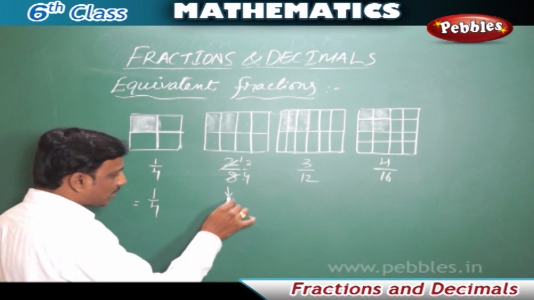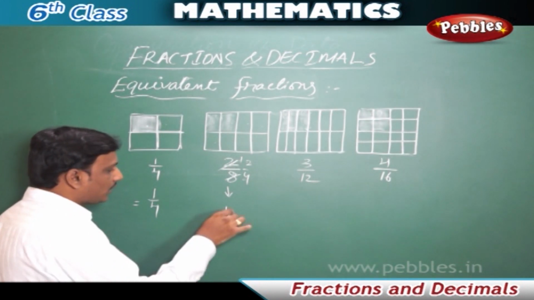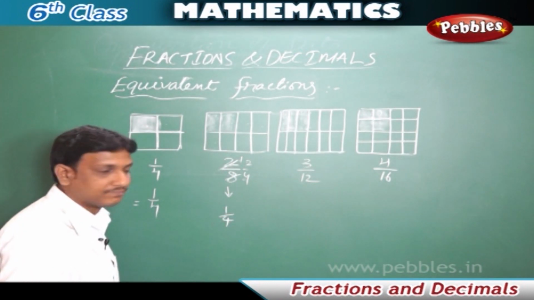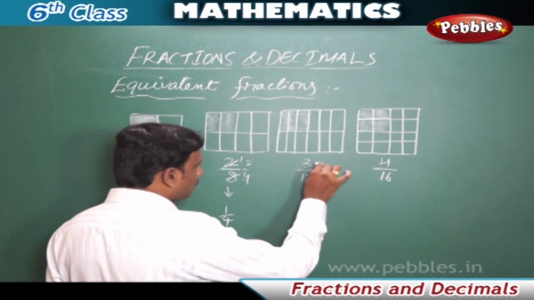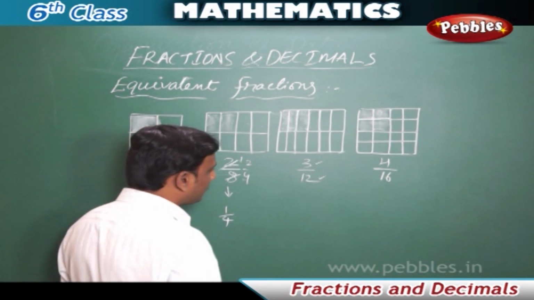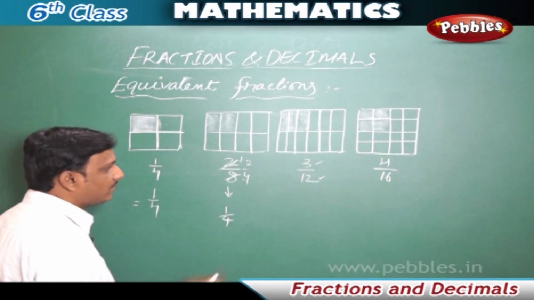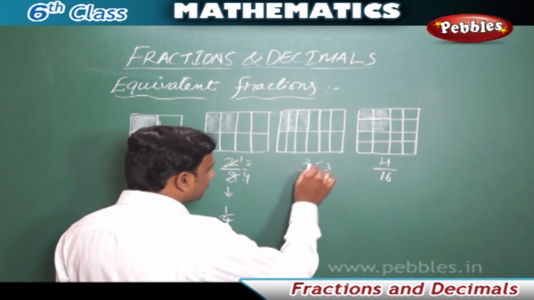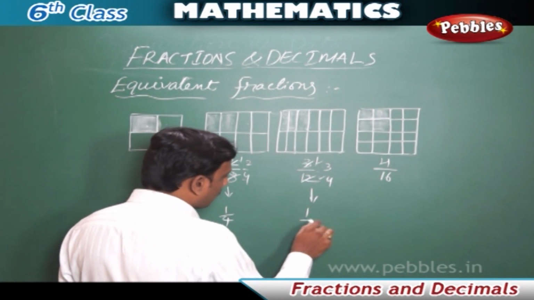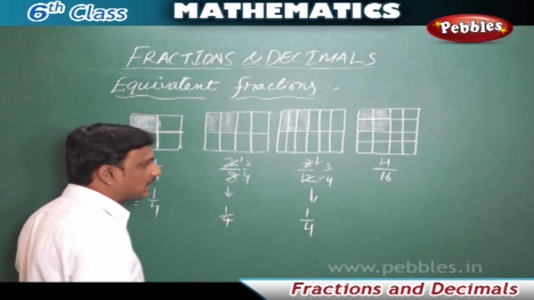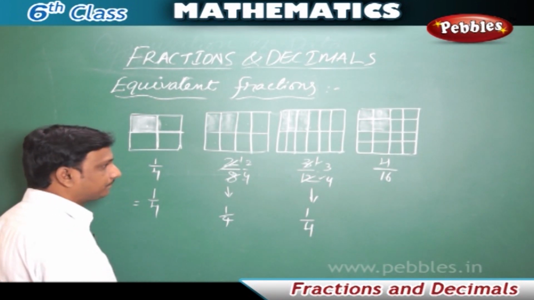That means this also becomes 1/4 in simple form. Here 3/12, this numerator and denominator are also divisible by one number, that is 3. So 1/4. In simplest form, this also becomes 1 by 4.